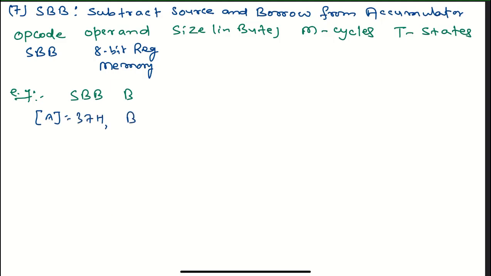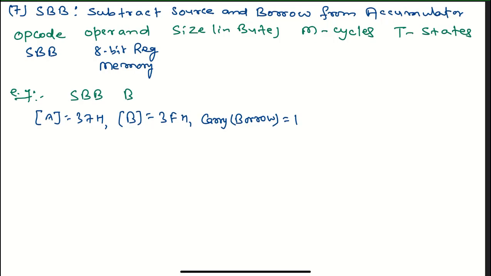The B register content I am taking as 3FH. The carry flag, as in the case of addition, can be used as a borrow in the case of subtraction. I am considering that previously, before execution of this instruction, it is set. If it is reset, then we perform the operation accordingly, or if it is set, then we perform the operation accordingly.